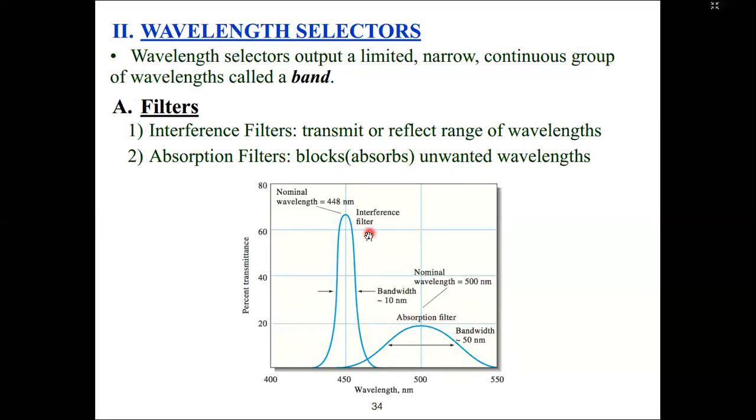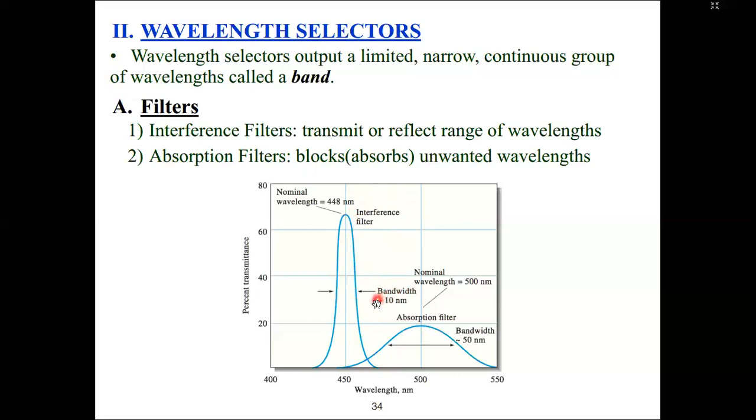As you can see, if you are using the interference filter, then the bandwidth is the half height width. In half of the height, you take the width of the curve, and that is called bandwidth.